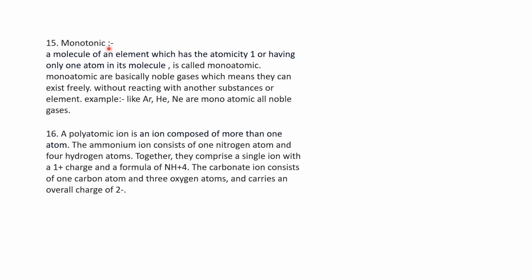Let us see monoatomic. What is monoatomic? A molecule of an element which has atomicity 1, or having only one atom in its molecule, is called monoatomic. Monoatomic are basically noble gases, which means they can exist freely without reacting with any other substances.